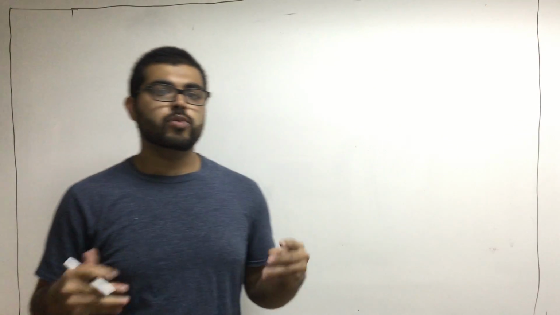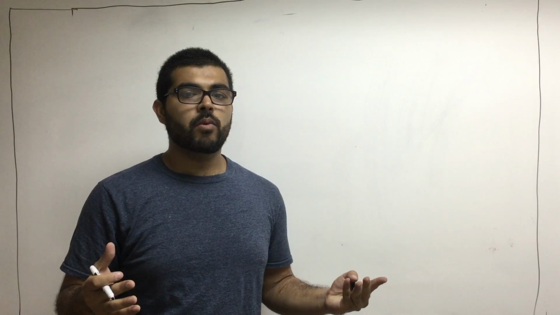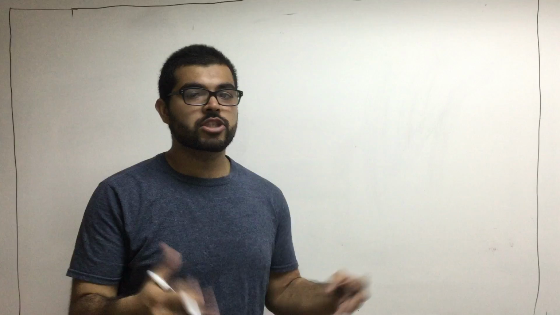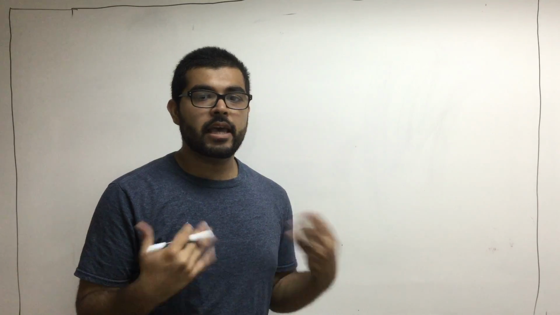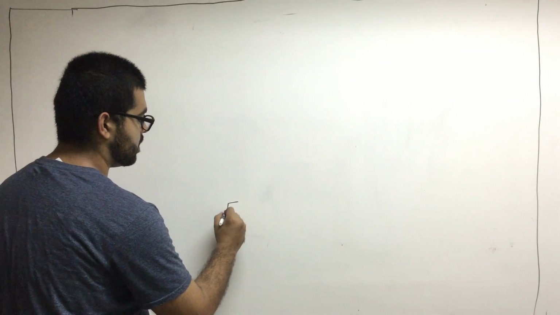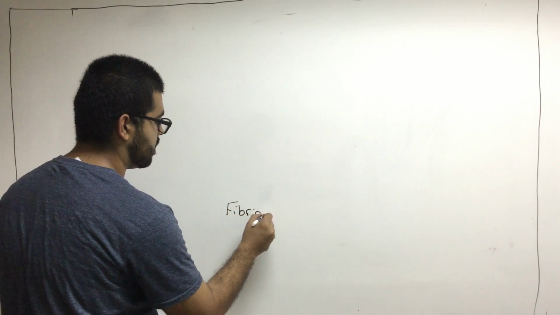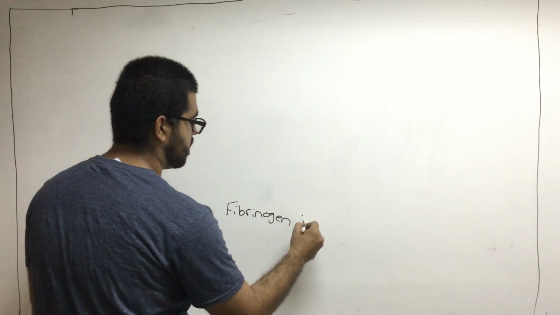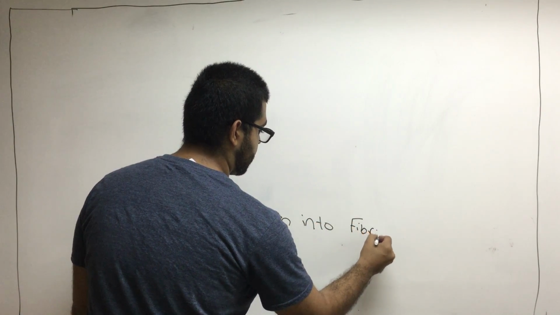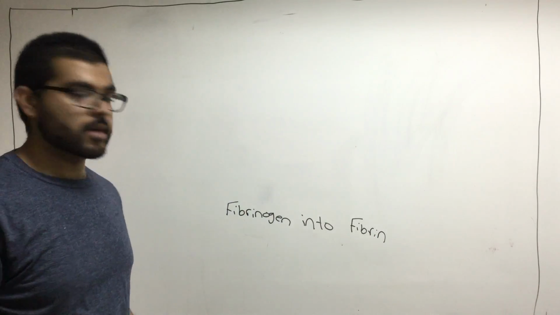So I like to work backwards. I want to know what I have to do at the end, and what do I need to reach that end. So what is my end? What's my end goal? Well, that is to convert fibrinogen into fibrin, right?